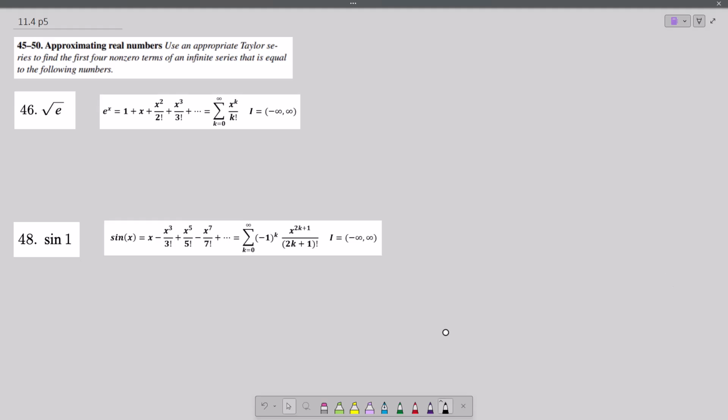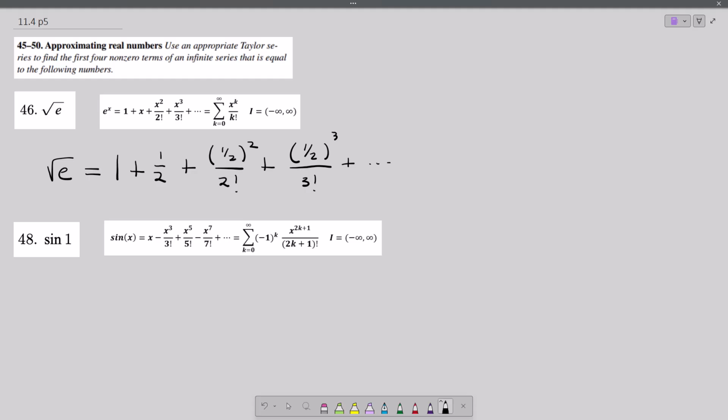And we could write, if we were so inclined, square root of e is 1 plus, we're plugging in x equals 1/2. So if we just plug this in across the board, this is exactly equal to e to the 1/2.